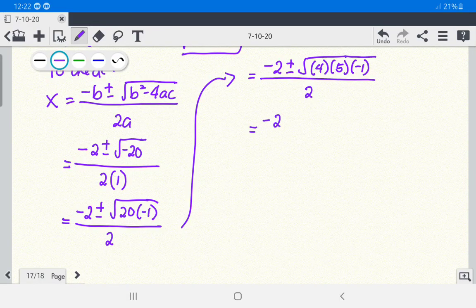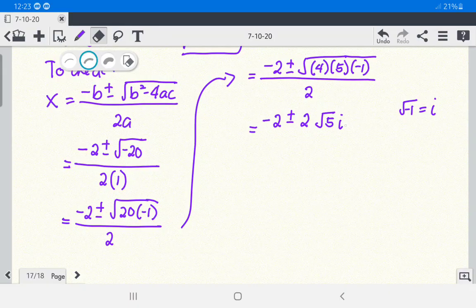Then we have here negative 2 plus or minus the square root of 4, which is 2. Then you will just copy 5 because that is not a perfect square. And the square root of negative 1 is i. So you can put the i after the radical, or you can put it before the radical, over 2.